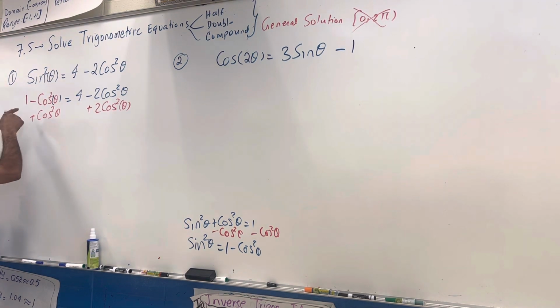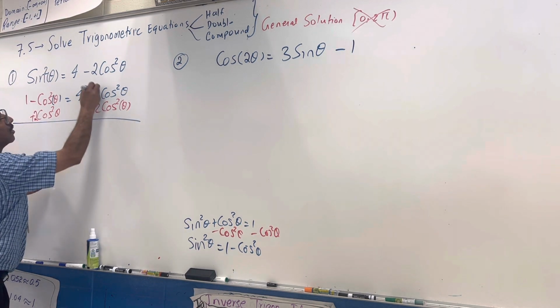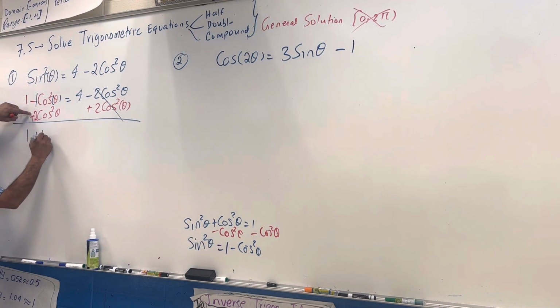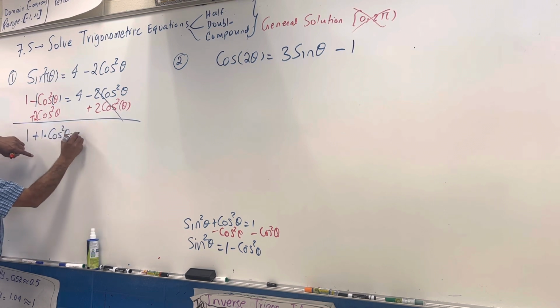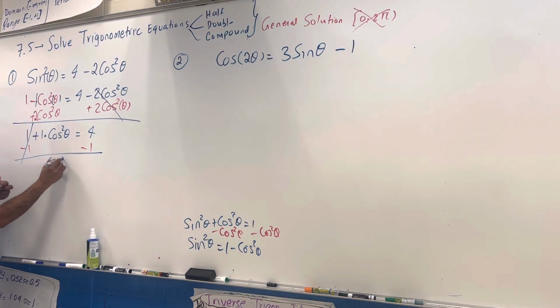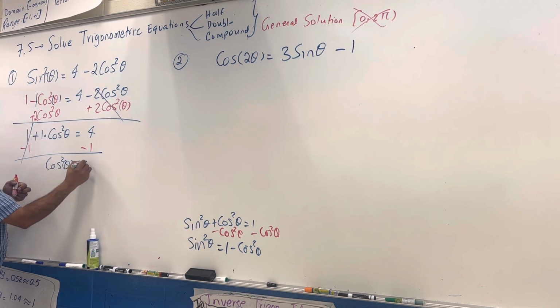I'm doing it fast, so this goes away, and what is left is minus 1 plus 2, which is plus 1 cosine square theta equals 4, and then you subtract 1 on both sides. So this goes away and you get cosine square theta is 3.